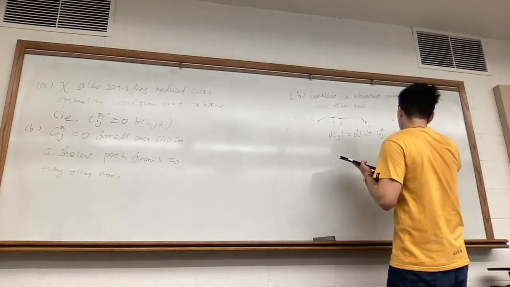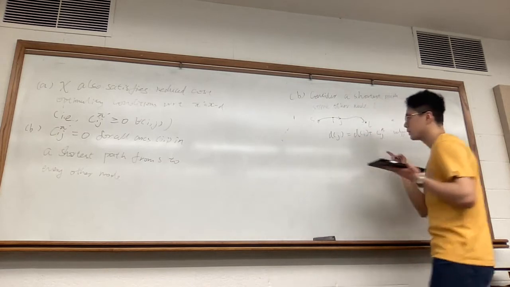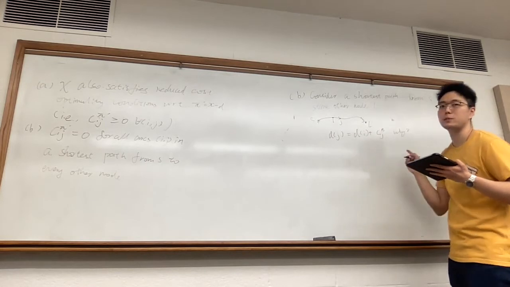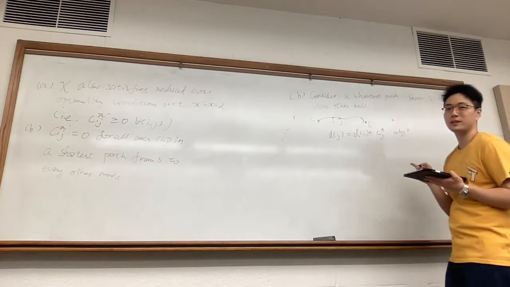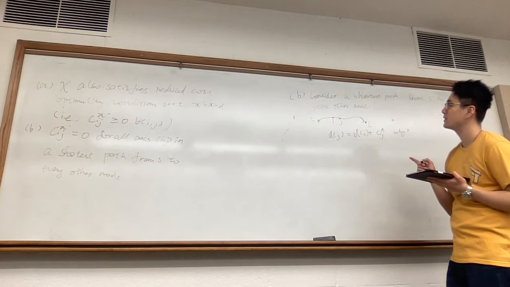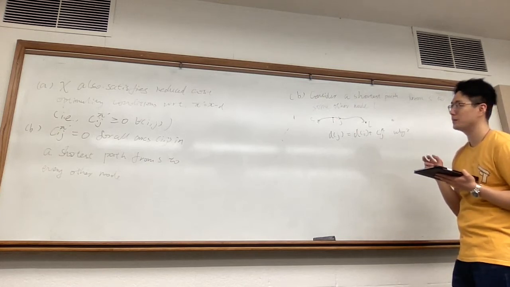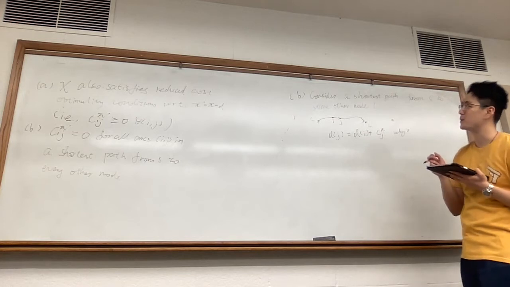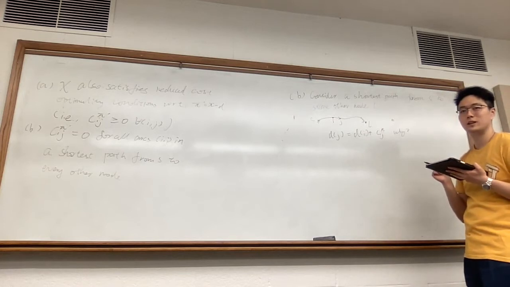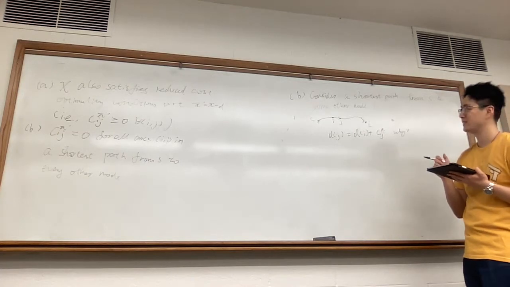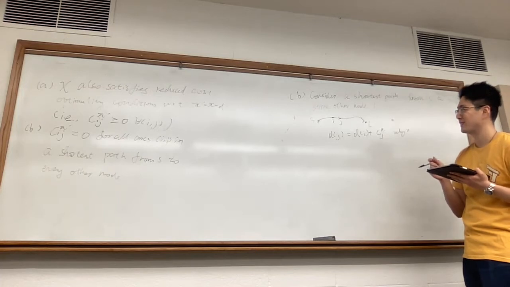Okay, quick question, why is dj strictly equal to di plus Cij pi? Let's think about it. Because if it wasn't, there would be a shorter path on a different set of arcs.